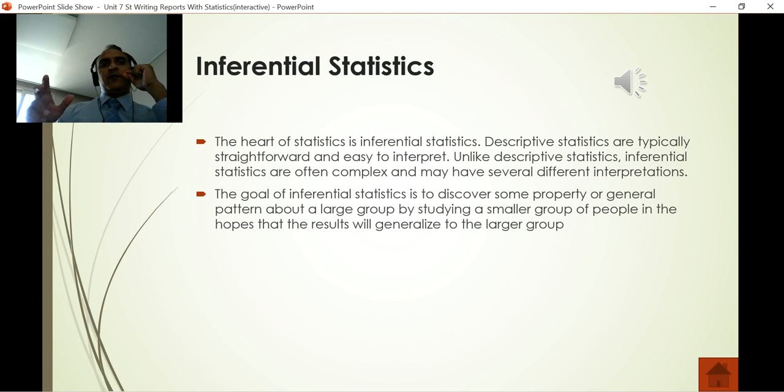Say, for example, I have only 10 observations out of 100 people. I have to be very careful of how I'm going to write it because I cannot assume that 10 is really the reflection of 100 people. So we cannot generalize to the larger group. And also we have to think, for example, in inferential statistics, about correlations or connections of the data.